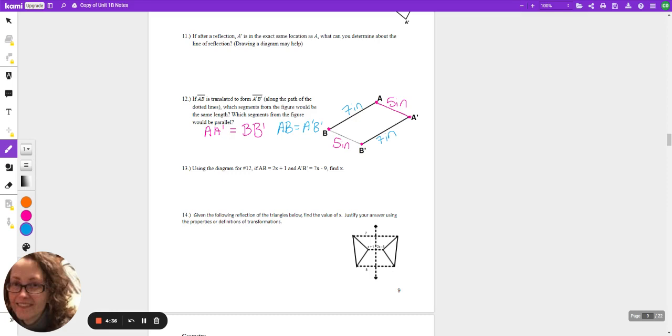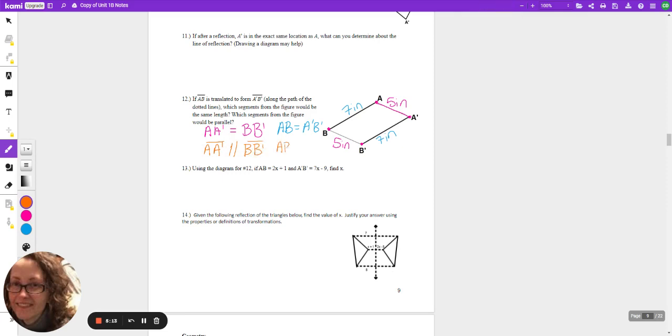The fact that I'm moving these segments in the same direction is also going to give us a couple of sets of parallel lines as well. And those parallel lines are going to be in the same set as the sides that were the same length as well. So A to A prime, that segment is now going to be also parallel to B to B prime.